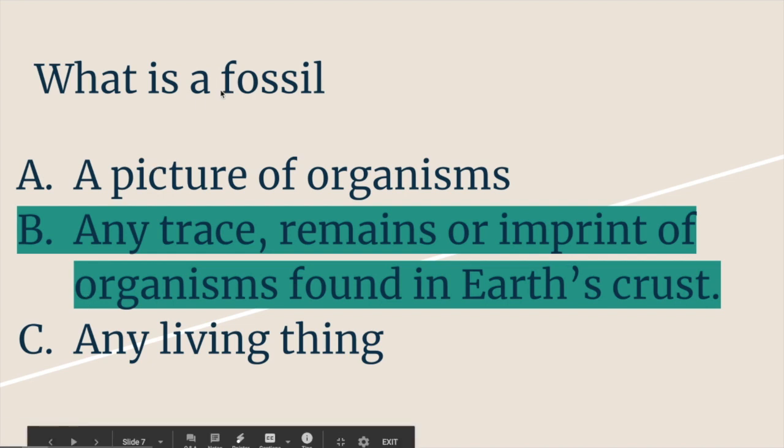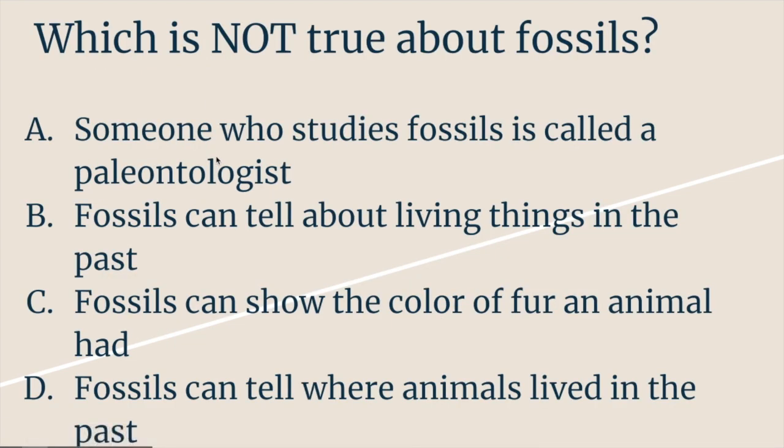Next question. Which is not true about fossils? We're focusing on what is not true. Someone who studies fossils is called a paleontologist. Fossils can tell about living things in the past. Fossils can show the color of fur an animal had.